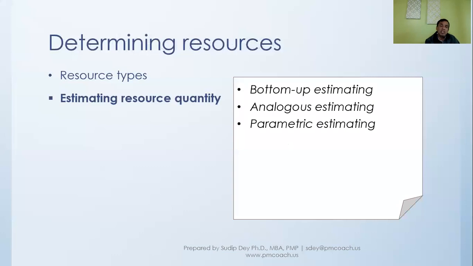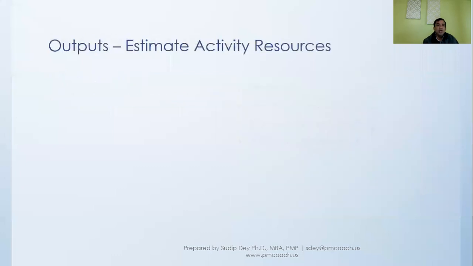Parametric estimation, again, as we've talked about, is based on some parameters. And finally, there will be some alternative analysis when we're estimating resources. For example, do we need highly skilled or not so skilled? We have to match what is really the requirement, and what the cost is in each case, and so on.